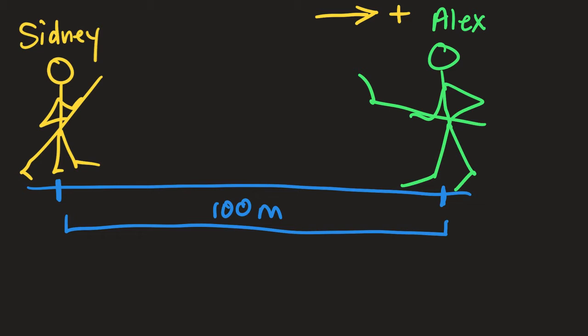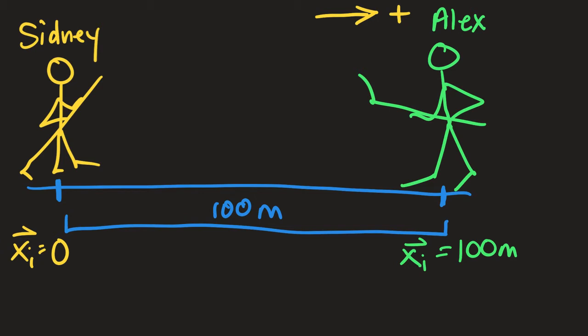And I'm going to say that Sidney is going to start at 0 meters, okay? So his initial position is going to be 0. And Alex Ovechkin, he's going to start 100 meters away. So his initial position is going to be 100 meters away.